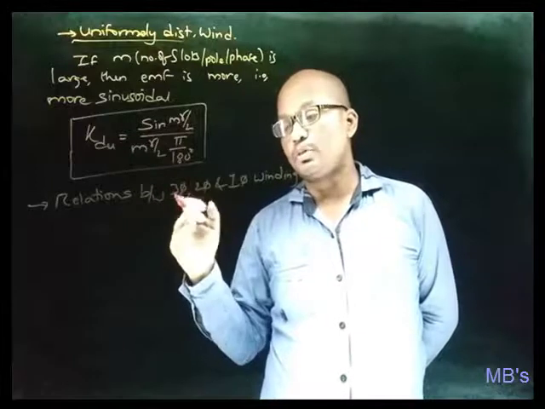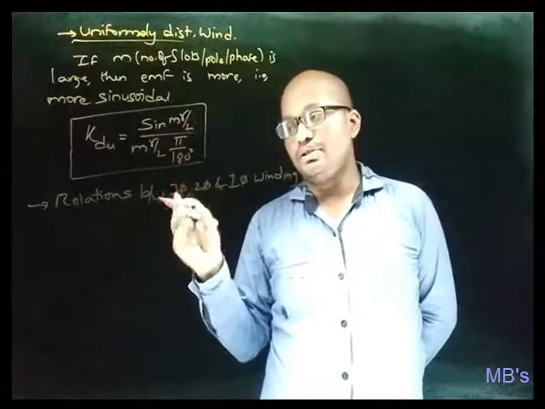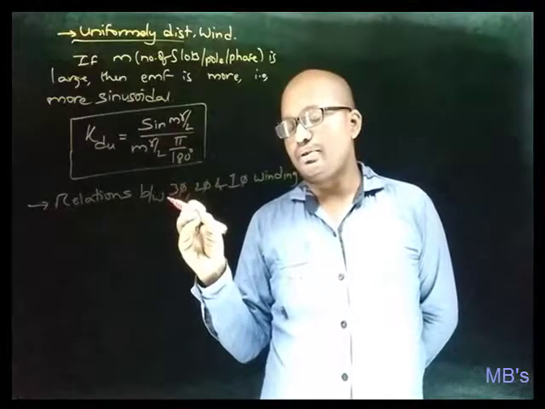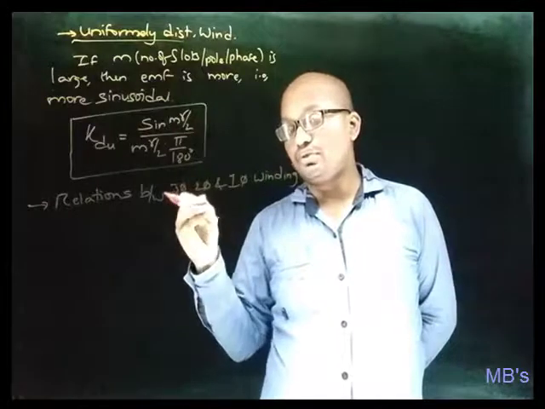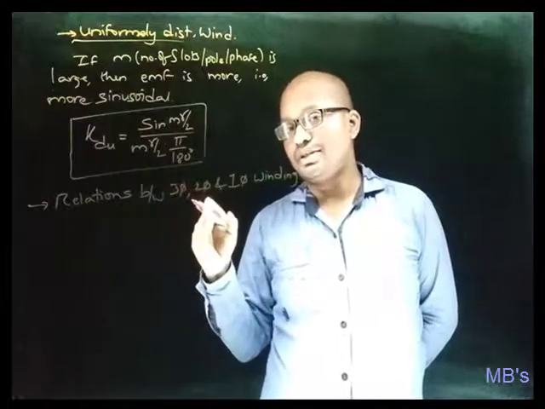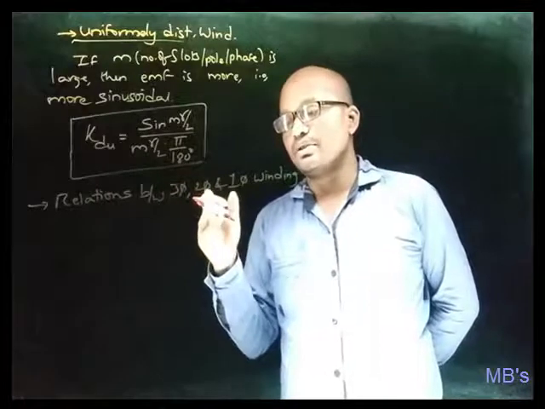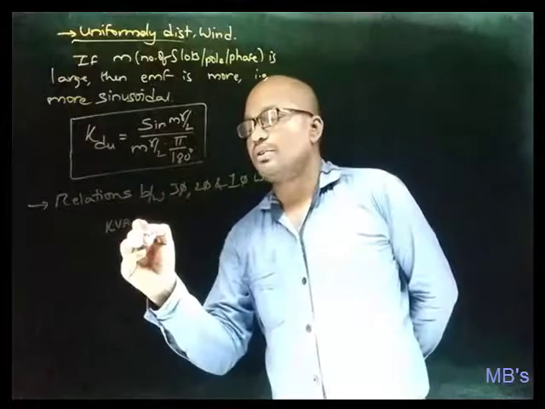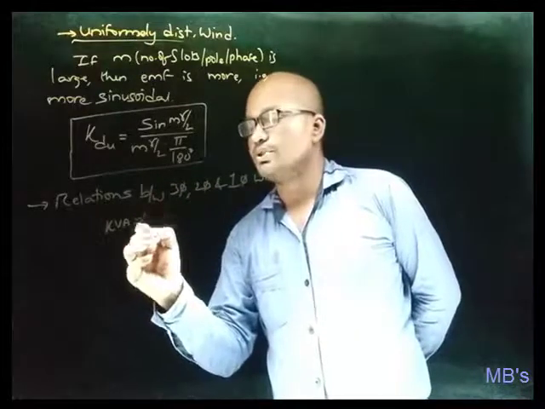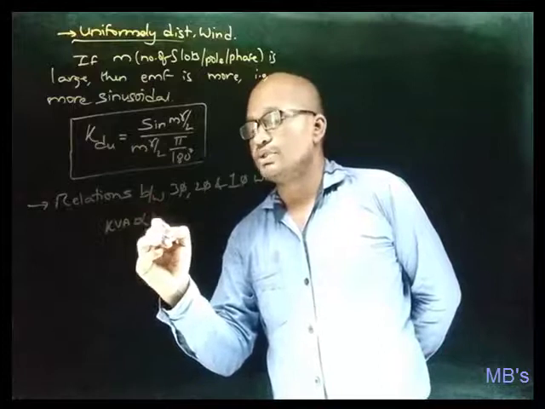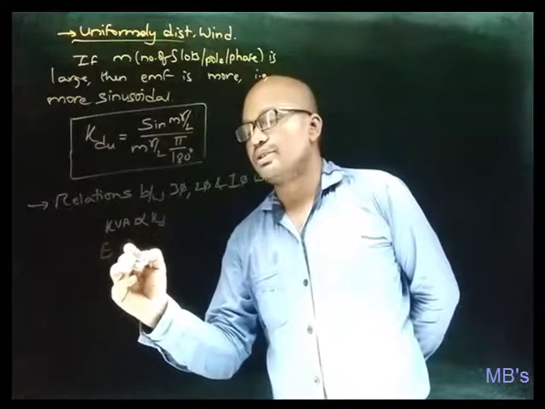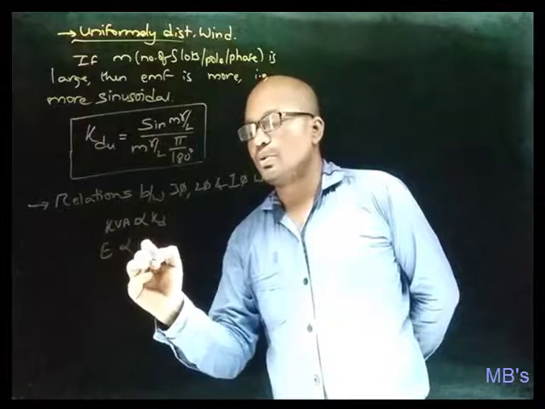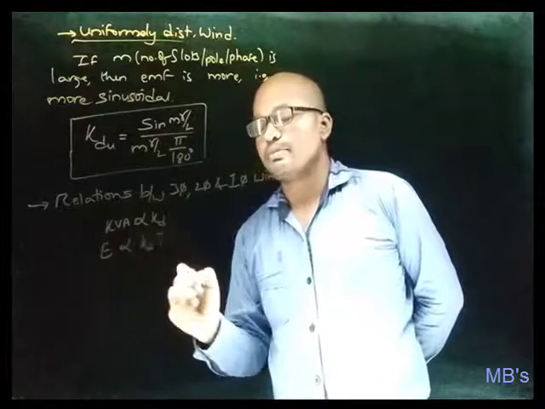Means numerical problems like, if a machine is wound with 3-phase winding, and with the same winding it is rewound for 2-phase, then what is the rating? That kind of problems can be solved with these relations. The rating of an alternator is directly proportional to the distribution factor, and the induced EMF per phase is directly proportional to the product of distribution factor into turns.